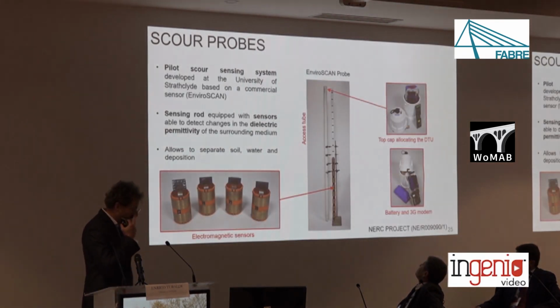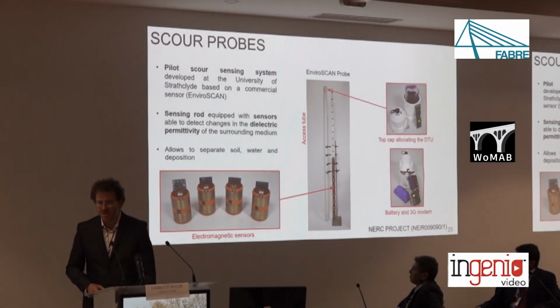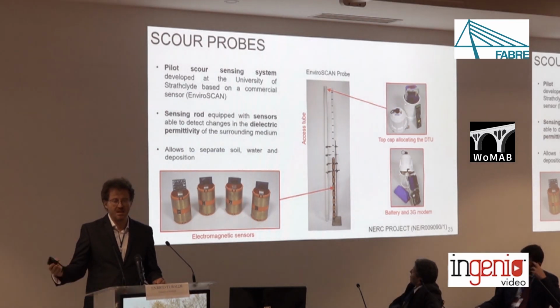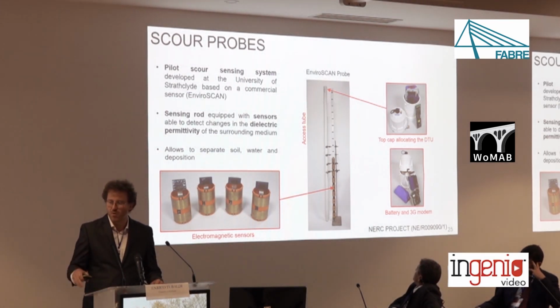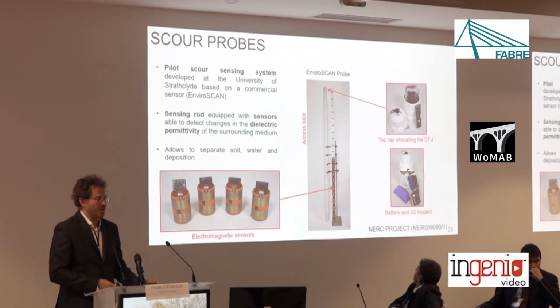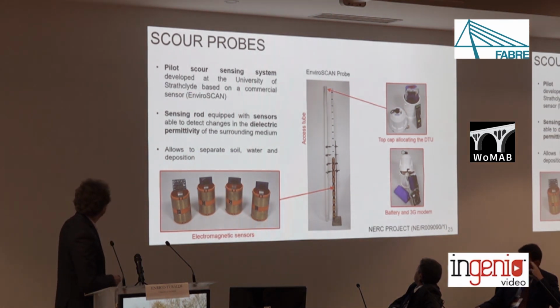At Strathclyde, we have developed a monitoring system using scour probes. These were commercially available sensors used in agriculture for evaluating the depth of water in soils, but they've been repurposed for measuring scour locally. This is in collaboration with Professor Daniele Zonta.